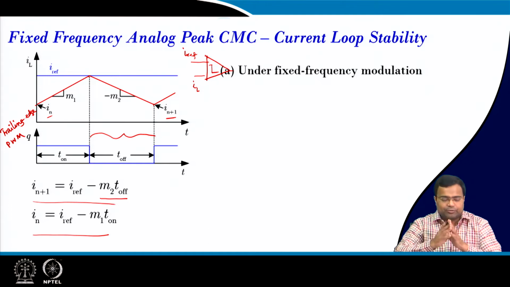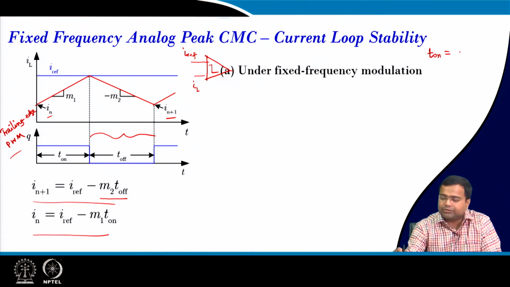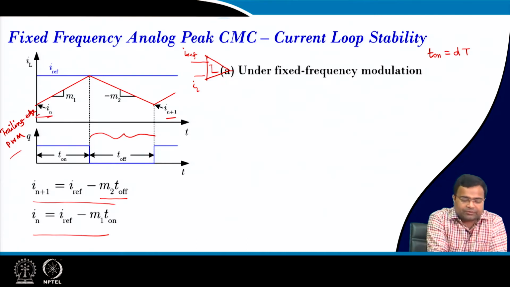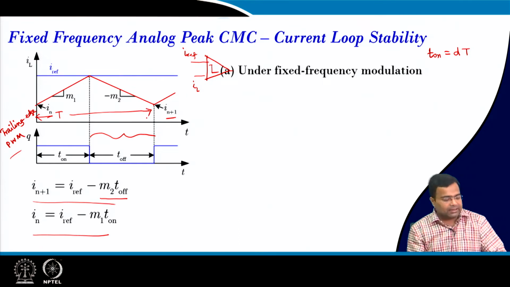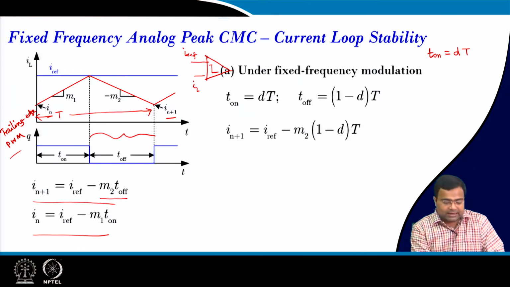Under fixed frequency modulation, if you are talking about the trailing edge PWM, then we generally keep the on time to be duty ratio into time period. So under trailing edge fixed frequency, we take the time period constant, and replace T on equal to dT. Then what is T off? It is 1 minus d into T.